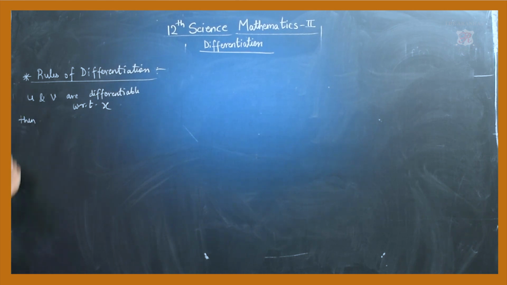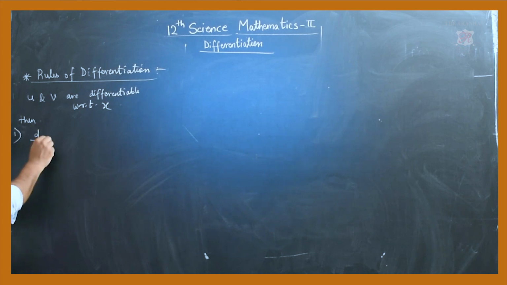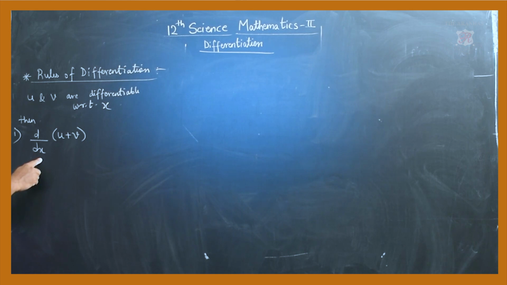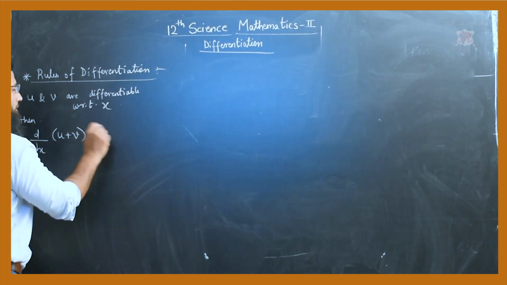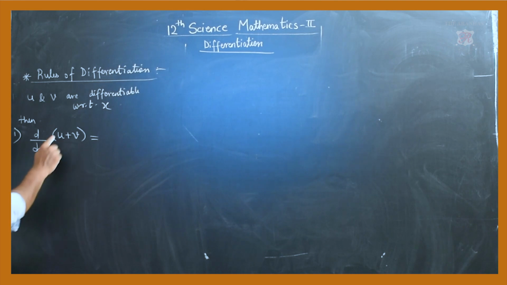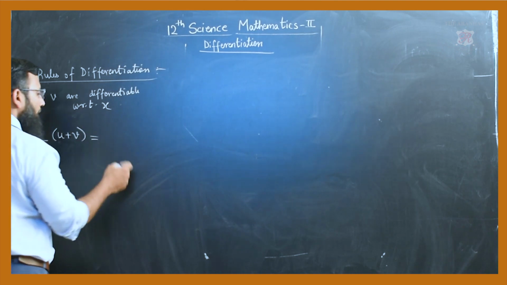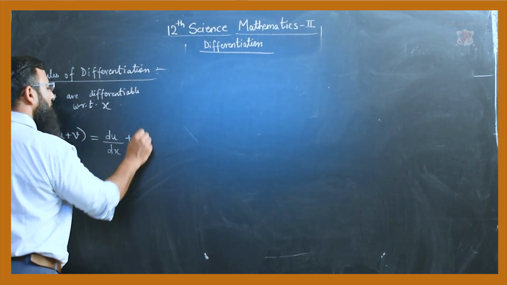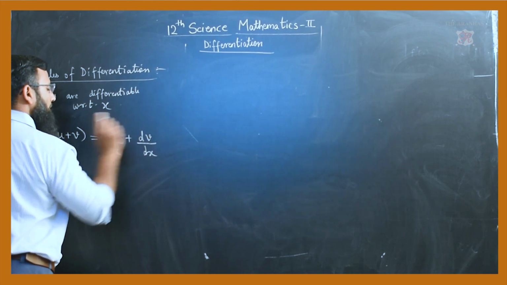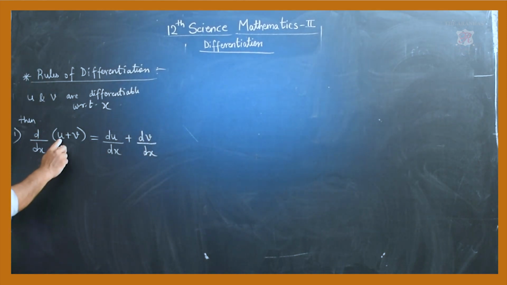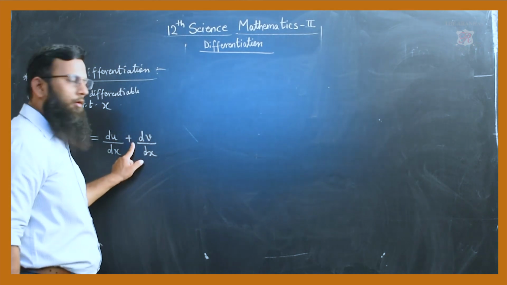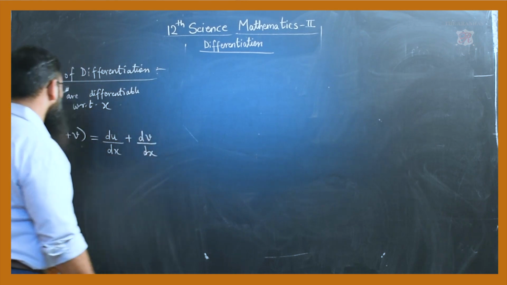Then if somebody wants to find differentiation of their sum, differentiation of sum of two functions will be the sum of their individual differentiation. Differentiation of sum of two functions will be equal to sum of the differentiation of those individual functions.